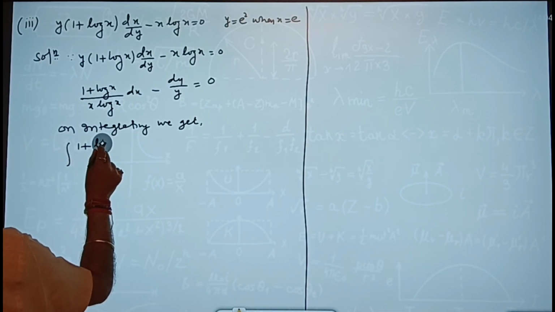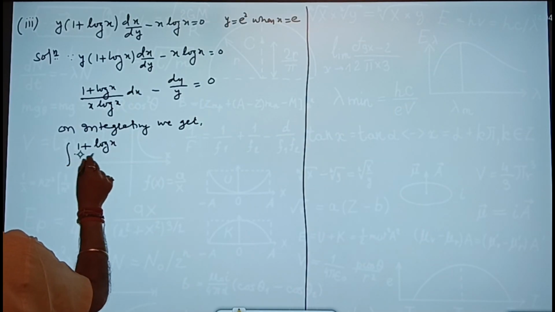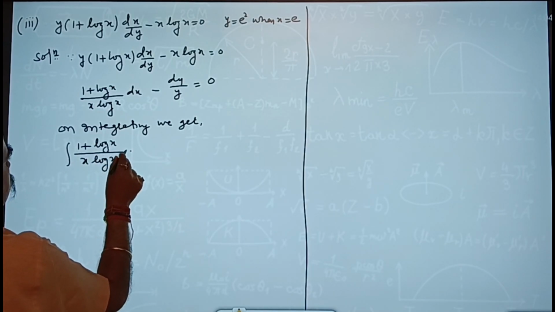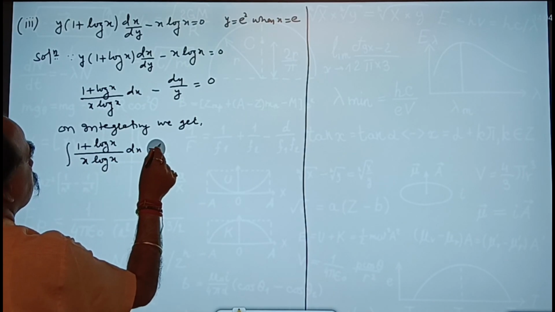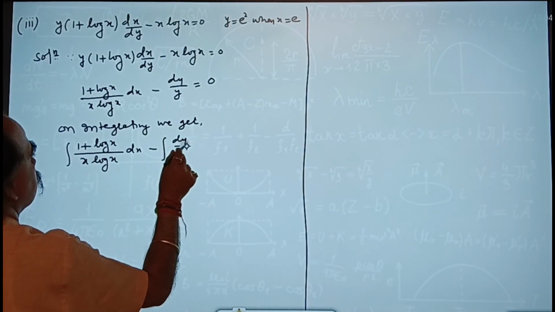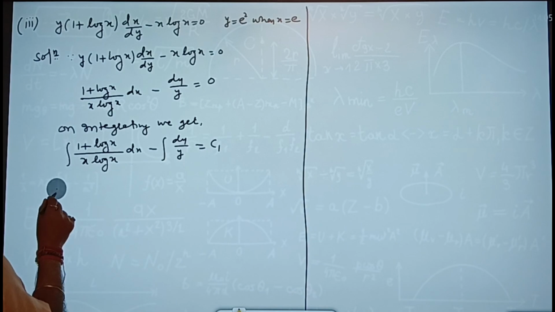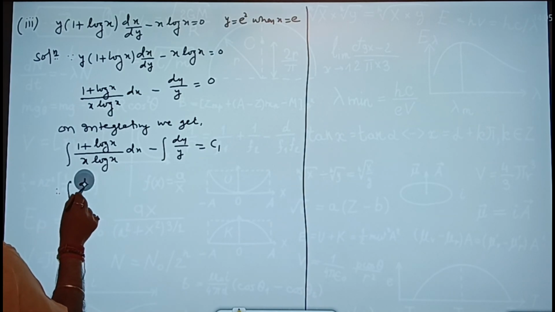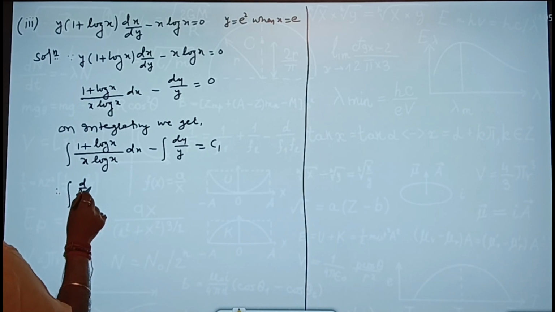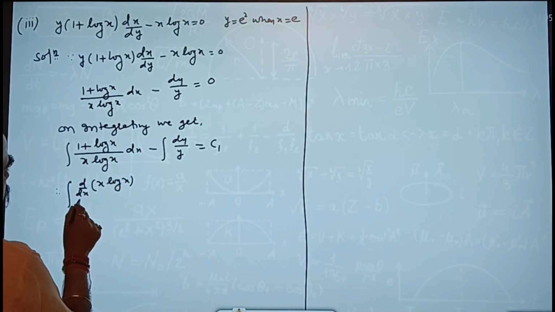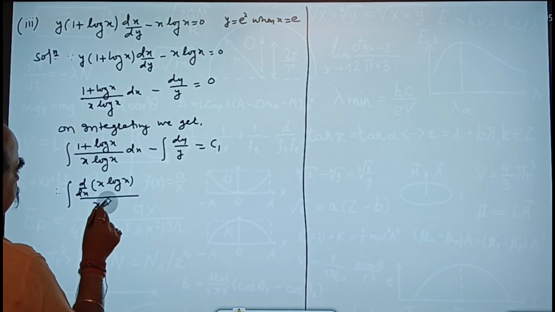1 plus log x upon x log x minus integral dy upon y is equal to C1. Numerator is what? Derivative of denominator, d by dx of x log x upon x log x.